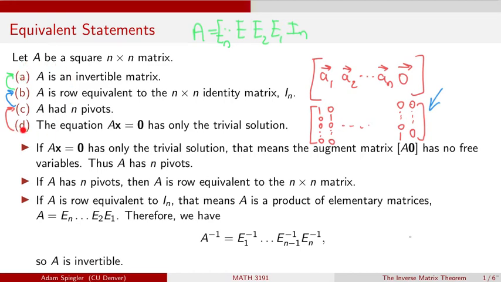Right now, all I know is that if D is true, then A has to be true. But this implication so far is going in one direction, and it's not circling back in the other direction. So we're going to add some additional statements to this list, and we're also going to be able to connect these implications in both directions. So let's take a look at some additional statements next.